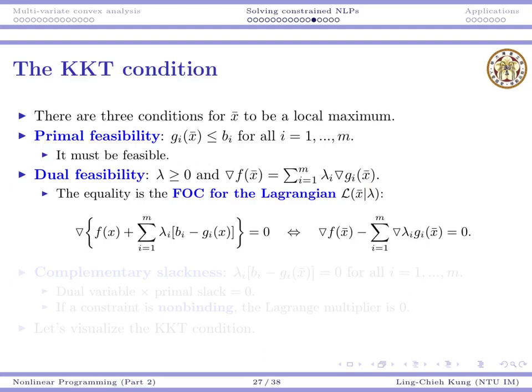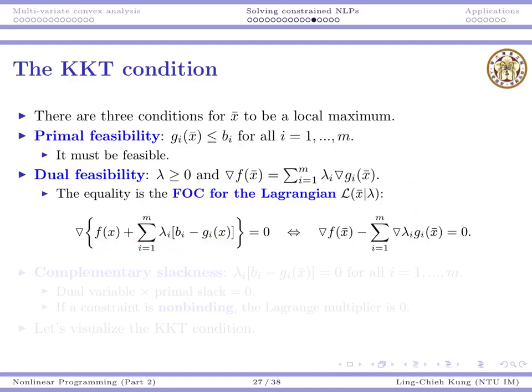We can see the equality is exactly the first order condition for the Lagrangian. The Lagrangian is this, right? The objective function plus the sum of lambda i times b i minus g i of x. So this is exactly the Lagrangian.